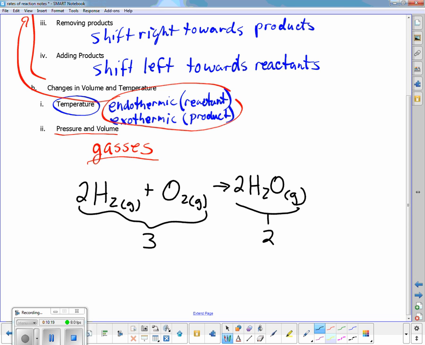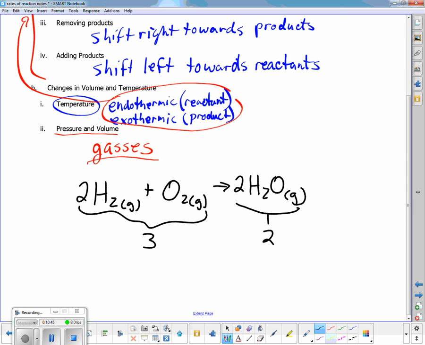Now, think of a pop. When you open a pop bottle, what happens? It's releasing gas. What did I do when I opened the pop bottle? I released the pressure, so I made the pressure lower. What happened to the gas? It came out, right? So when the pressure's low, I want to go to the side that has more gas.